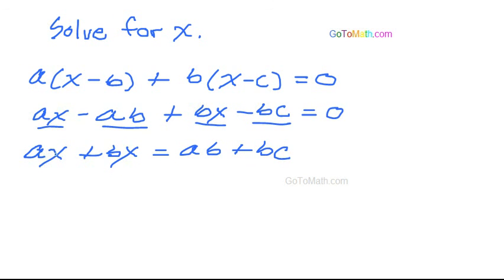Now what we've got going on here, some like terms. What we can do is factor this x out. So let's do that. Factor out that x. We'll go ahead and rewrite ab plus bc. We could also factor out a b here because there's a b in both of these.